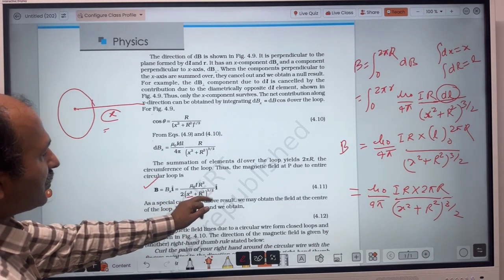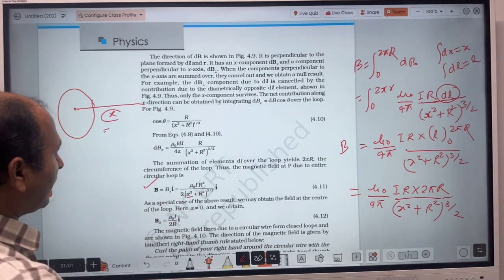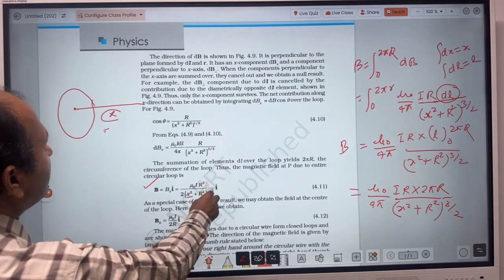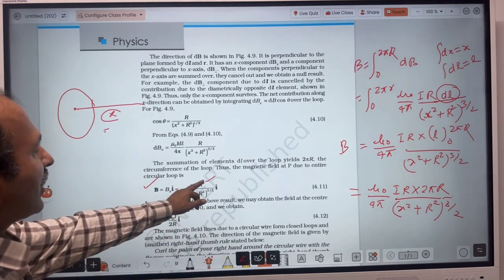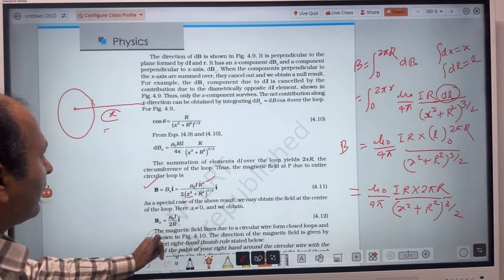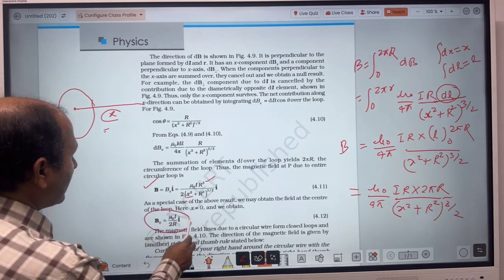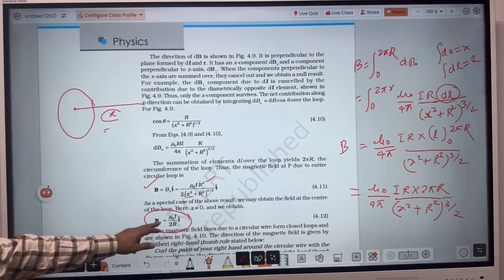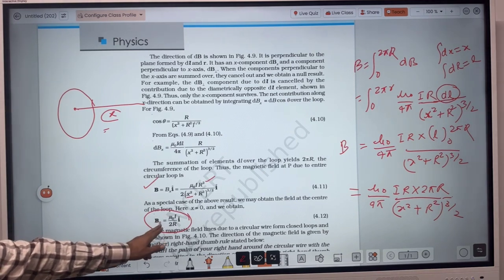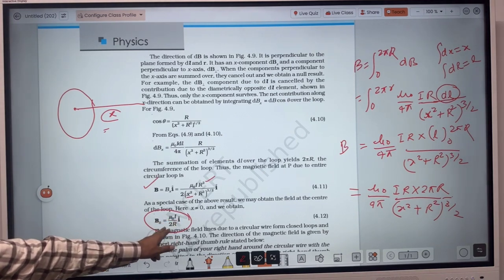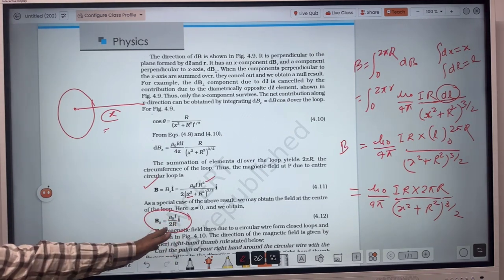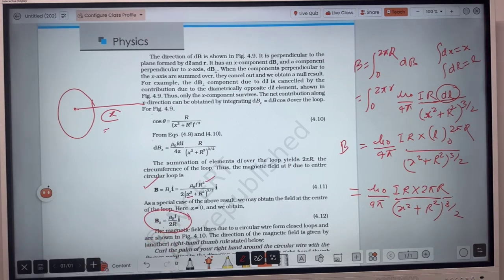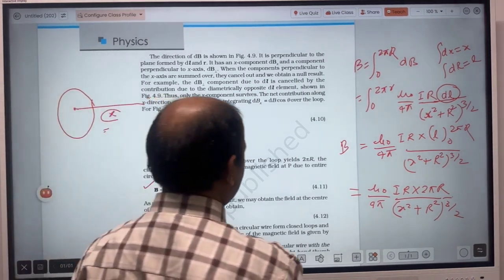So r square to the power 3 by 2, 2 will cancel out, r cube will be left, and in numerator there is r square, so r square divided by r cube, so r will be the result. So we can say magnetic field at the center of the ring will be B0 equal to mu naught I divided by 2r and then I cap. So I think you have understood the concept.